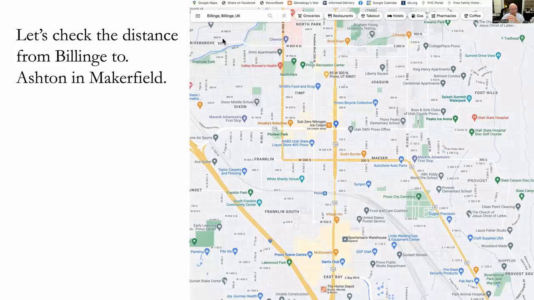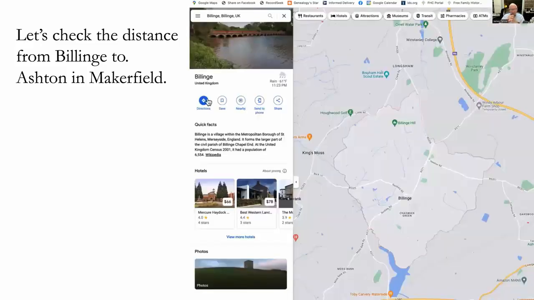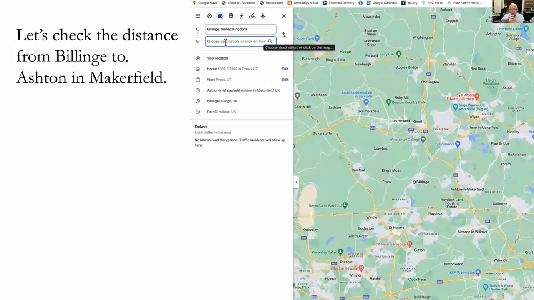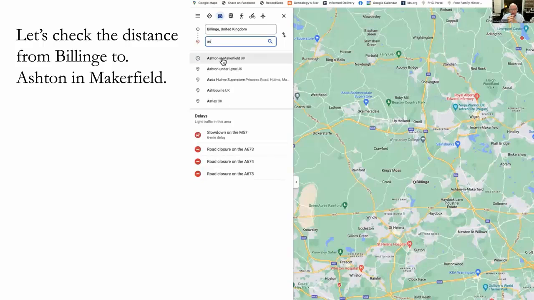So let's just check here on this map. This is Google Maps. We're going to check the distance from Billinge to Ashton in Makerfield, and we'll see how that works. First, we get the directions from Billinge to Ashton, and it comes right up.